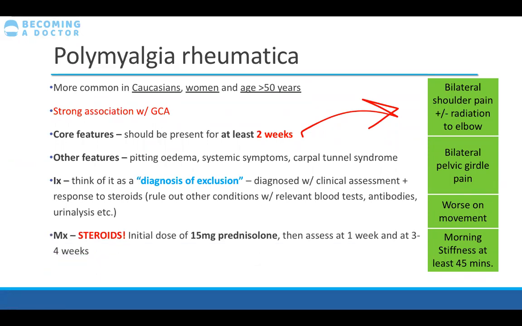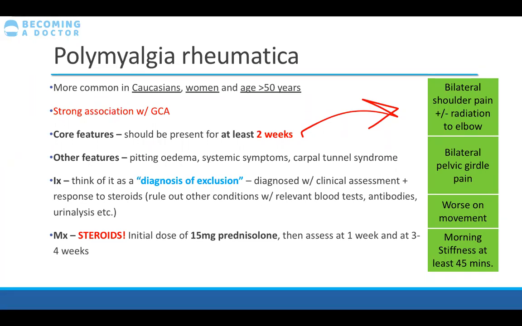You start with 15 milligrams of prednisolone. You want to assess them at 1 week, and then at 3 and 4 weeks. When you assess them on the first week, and if they have a good response to steroids, you continue them, and then it's likely that they've got polymyalgia rheumatica, and that's your diagnosis.